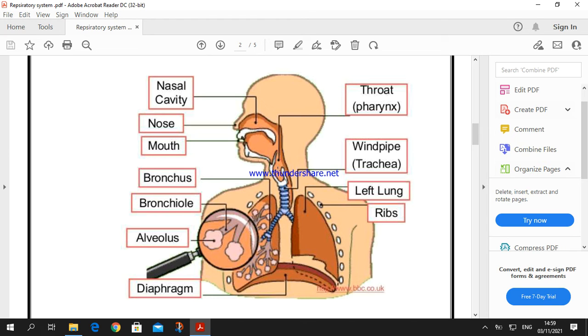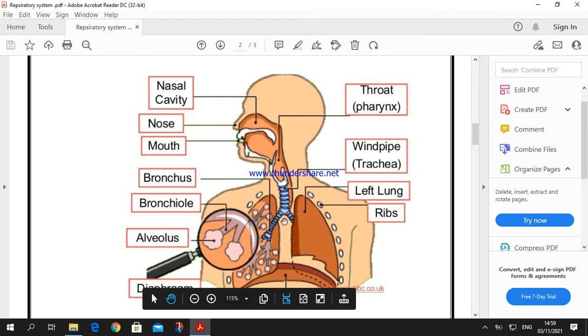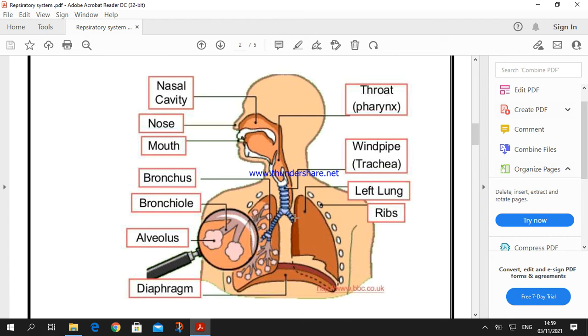After the pharynx, we have the windpipe or trachea, okay? The trachea consists of rings, okay? And at the end of the trachea, we have two branches. The trachea branches into two branches known as bronchi, okay?